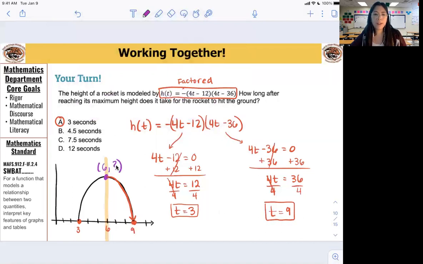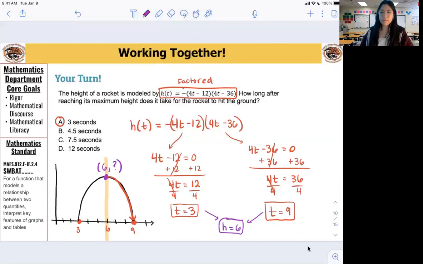And we don't know what that value is unless we plug it in and figure it out. Any questions on that? So that was something that we talked about last week when we talked about factored form, but I definitely wanted to bring it back because sometimes it comes back in a word problem type of scenario.